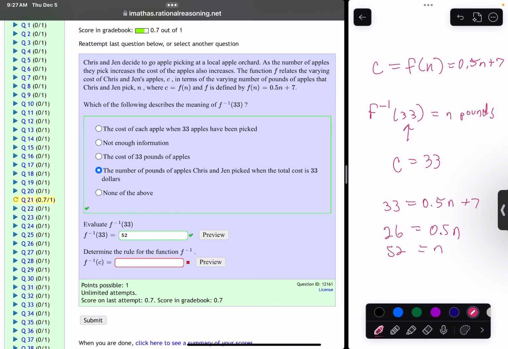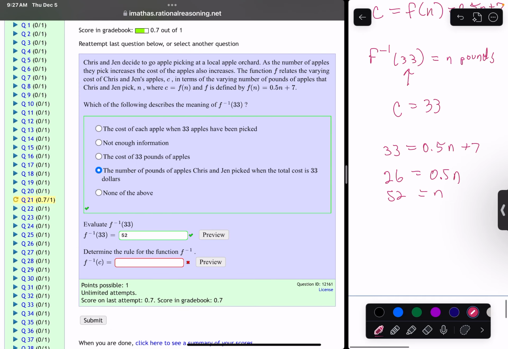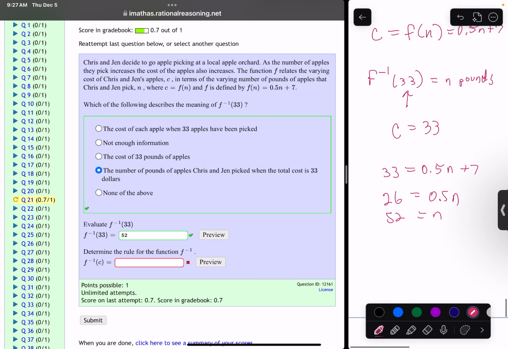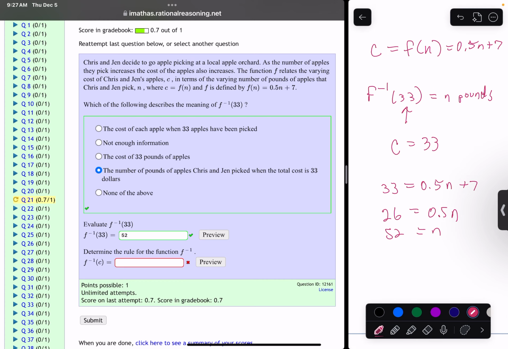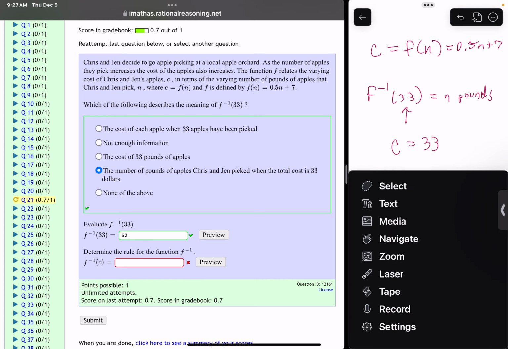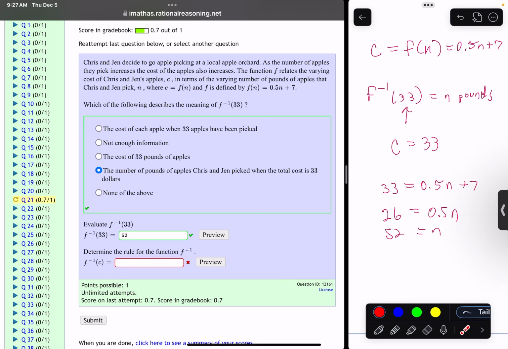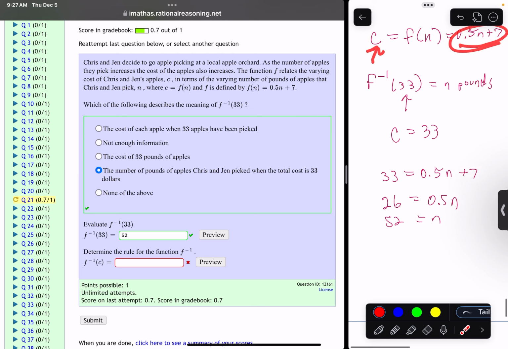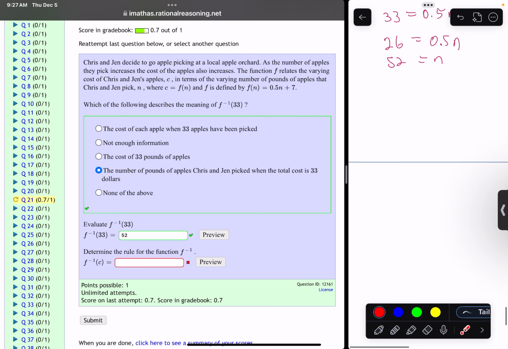Okay, so now it says describe the rule. And do you see how they're solving it for C? So let's take the information up here, and let's find C equals 0.5n plus 7. Let's write that down. C equals 0.5n plus 7. And let's solve it for n.